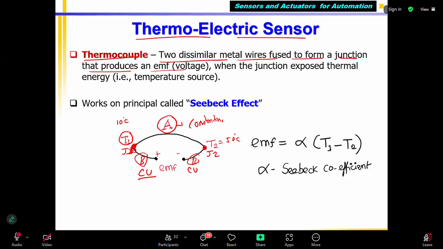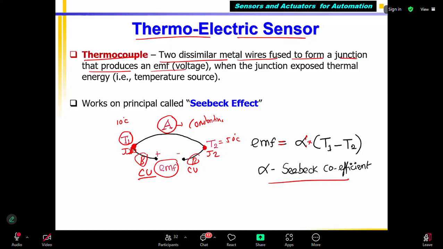It generates a voltage that is proportional to, equal to, alpha multiplied by T1 minus T2, the temperature difference between the two junctions J1 and J2. What is alpha? Alpha is called the Seebeck coefficient. Note down: the voltage generated by a thermocouple is proportional to alpha multiplied by the temperature difference between the two junctions.